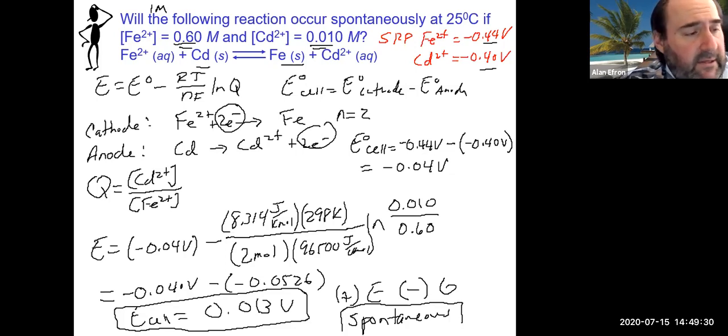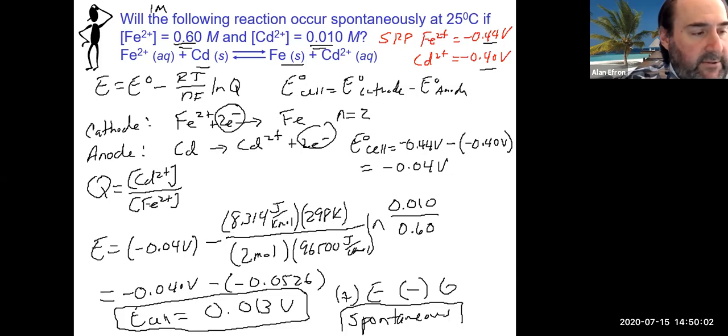Yeah, 25 degrees Celsius is a standard condition, but remember, when we talk about standard conditions, everything has to be standard. So in this case, we had concentrations and temperature. Although the temperature was 25 degrees Celsius, which is standard, the concentrations were not 1 molar. So that part of it was the non-standard condition we were dealing with in this reaction.